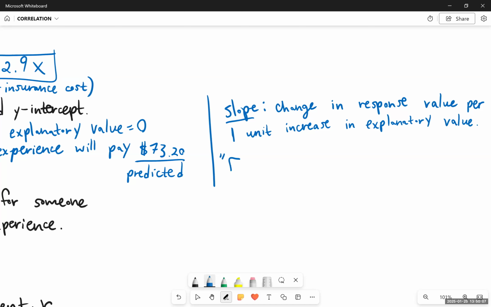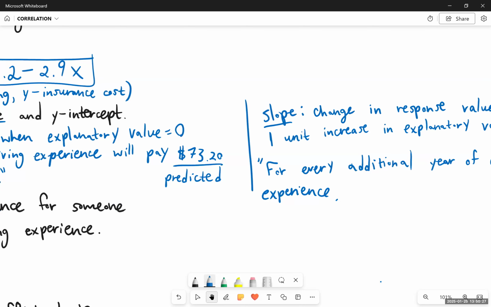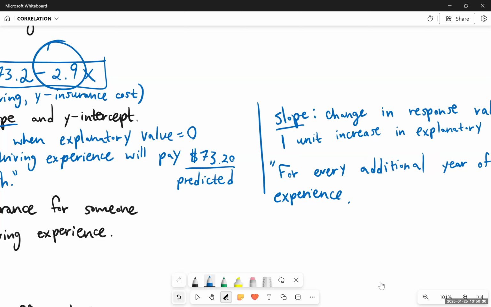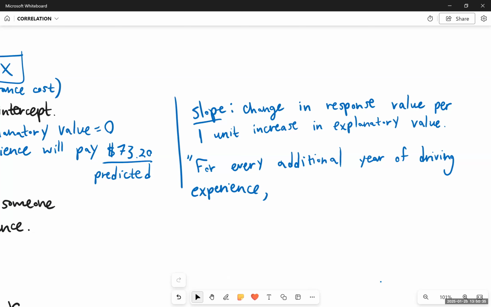this means for every additional 1 year of driving experience, the slope was over here, right? That negative, again, it's important to keep the sign in there, negative 2.9. So that means the response, what was that? Insurance cost? It's changing by negative 2.9, or a negative change is the same as decreasing, right?